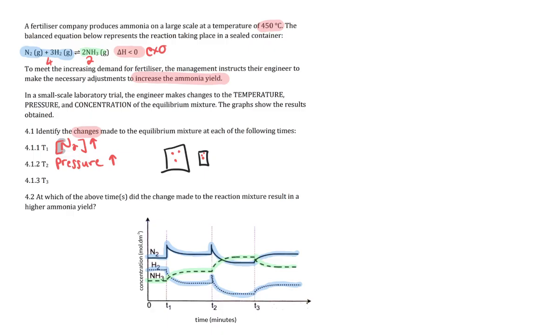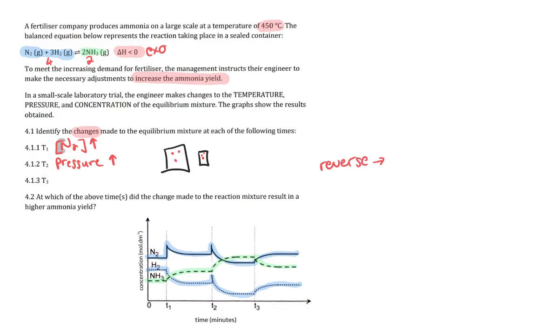But now I need to see what they did with the temperature. And now I'm kind of going backwards. I'm going to look at what reaction was favored to determine whether that reaction was an exothermic or an endothermic reaction and what happened to the temperature. So follow my thinking here. My reactants increased and my product decreased, which means my reverse reaction was favored.